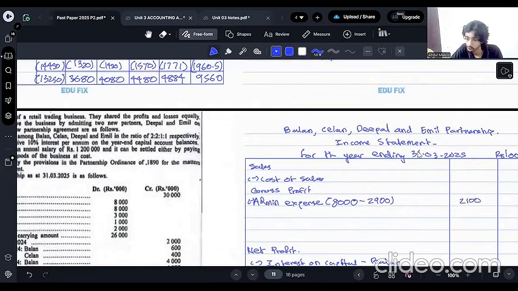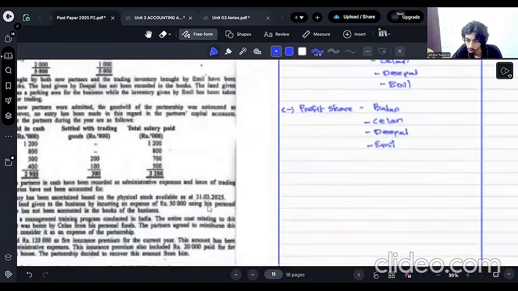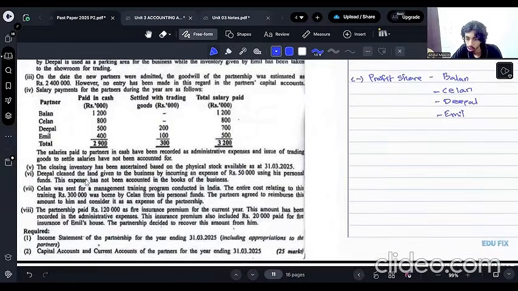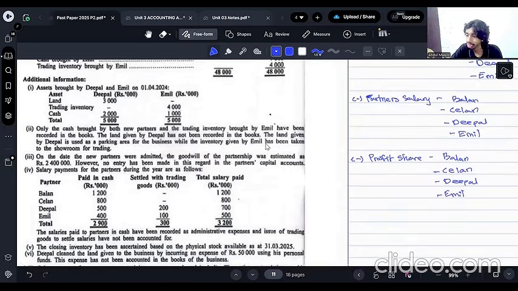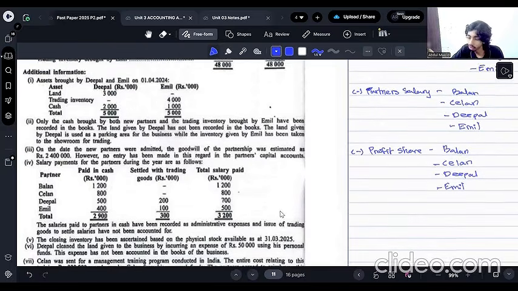Then next, the issue of trading goods to settle salary has not been accounted for. Now they are taking the trading goods out of the purchases, right? Then you have to remove it from your cost of sale. Here the closing stock inventory has been ascertained based on physical stock available. That means for closing stock, they are going to the warehouse and only calculating.